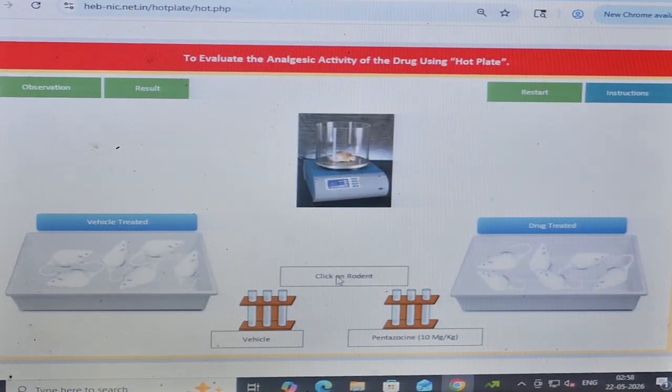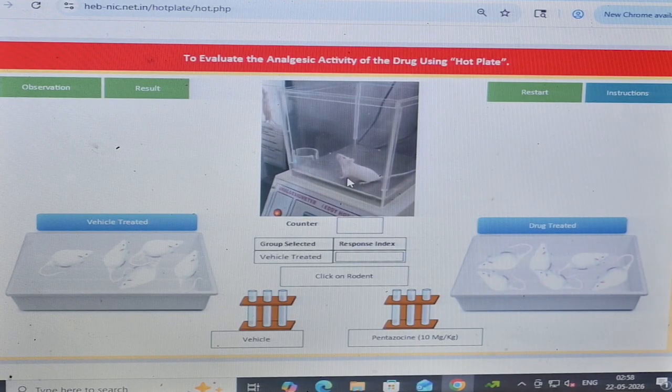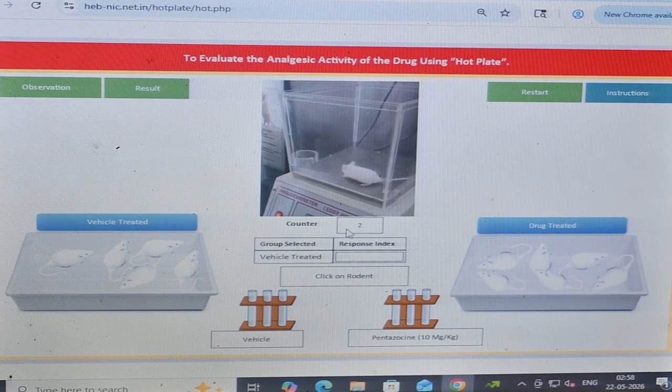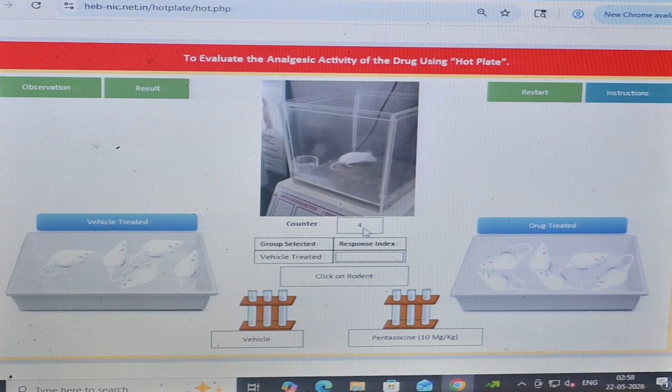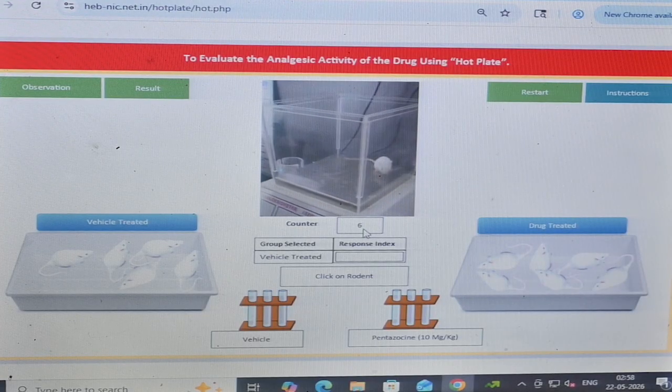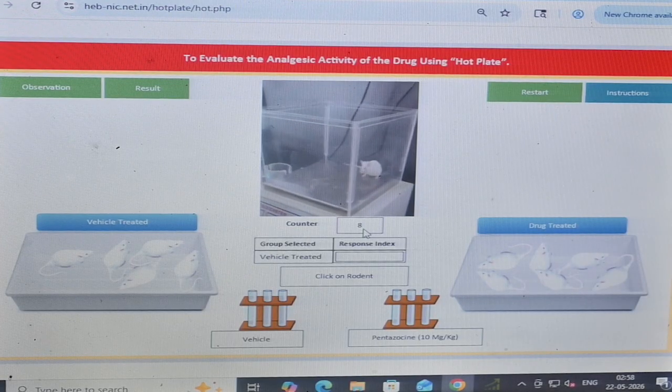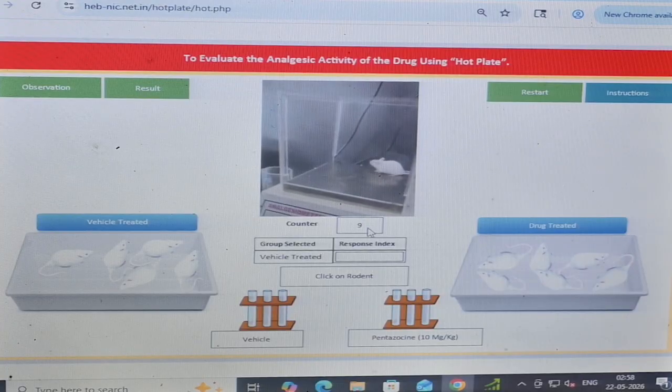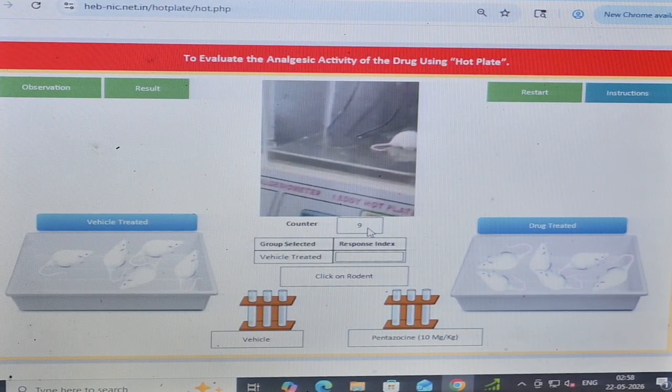So now go to the hot plate apparatus. Now one animal is put onto the hot plate, Eddy's hot plate. So the first animal is put with its feet on Eddy's hot plate. So this is the counter number. Now we detect the counter number and note it down. So this is 9 and another animal.